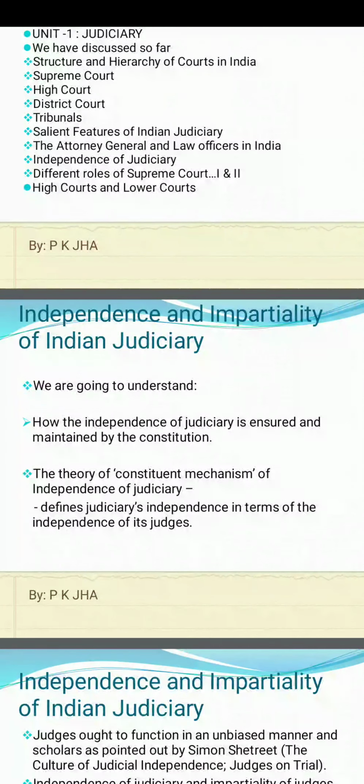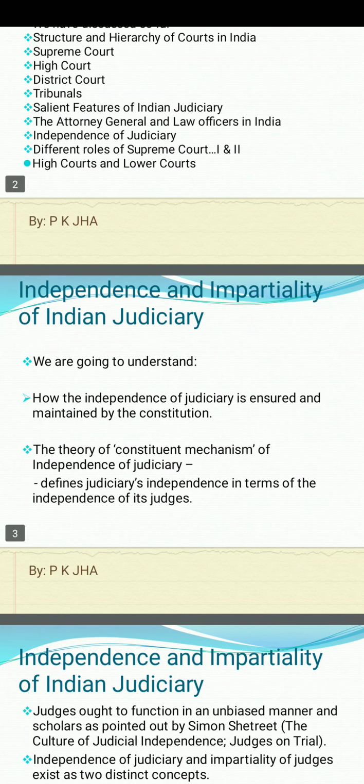And for this, one theory is there, children. That theory is known as the theory of constituent mechanism. This theory is related to the independence of the judiciary. It defines the judiciary's independence in terms of the independence of its judges.